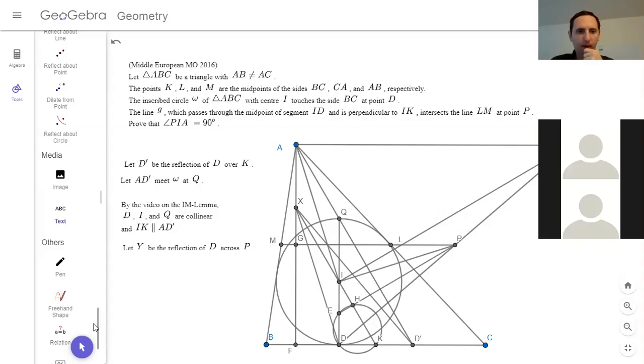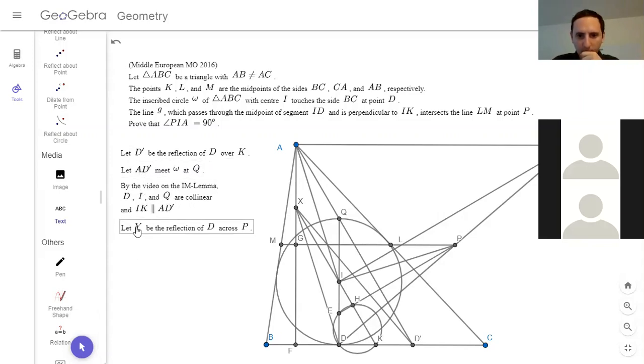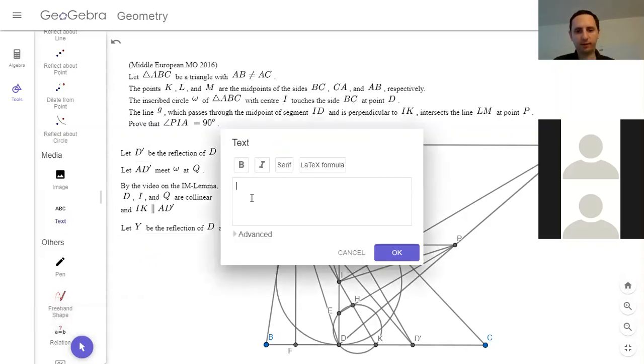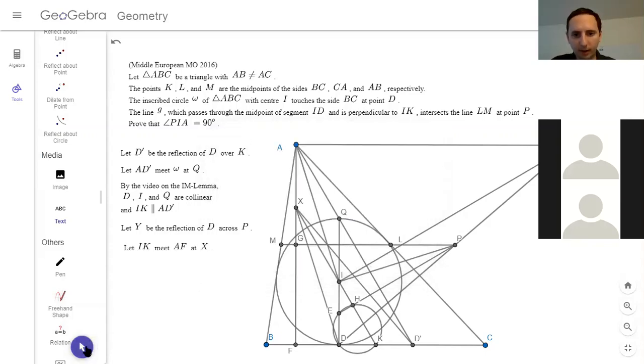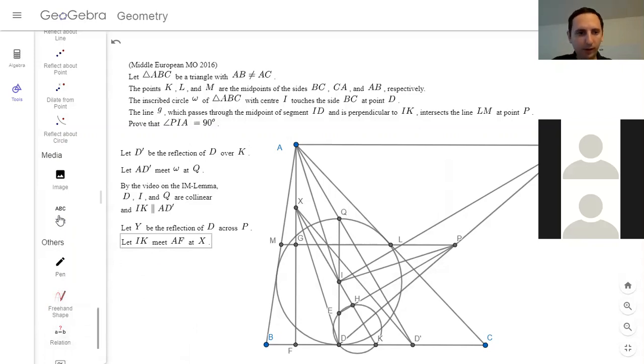So I might not end up using point Y, but I'll say let IK meet AF at X. Then XK and PE are the medians in triangles.